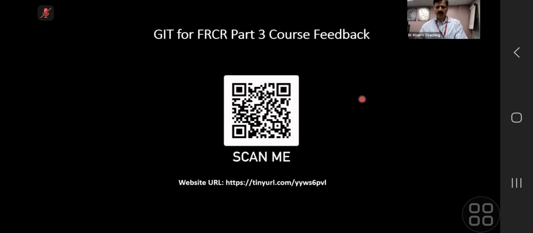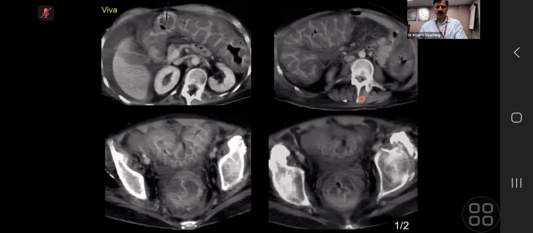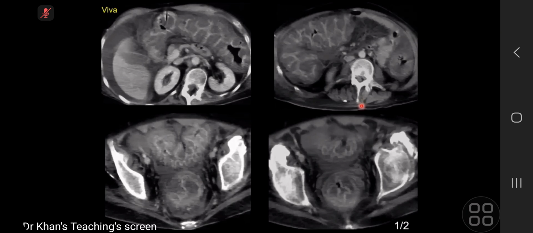So, this, I believe, takes us to the end of, no, there are still a few films. Okay, what is this? This is CT abdomen and pelvis in the portal venous phase. There is marked circumferential mural thickening of the transverse, descending colon and the rectum.